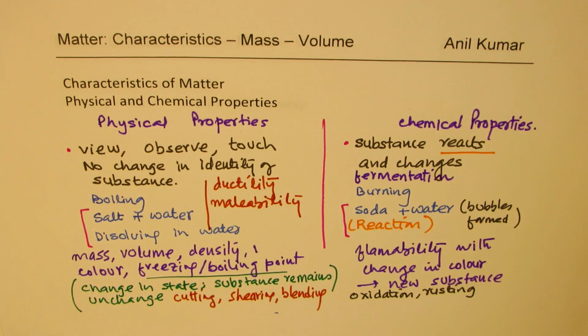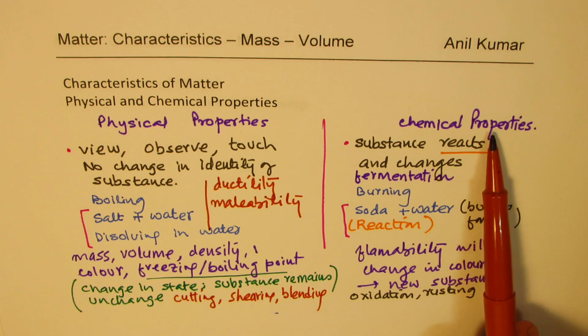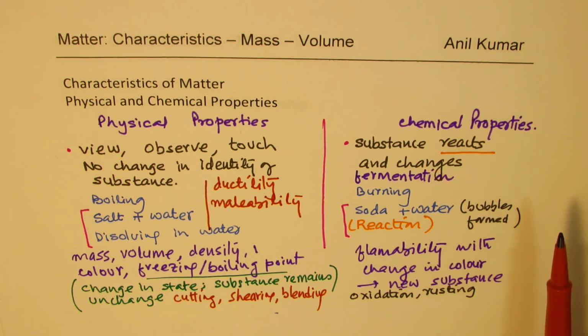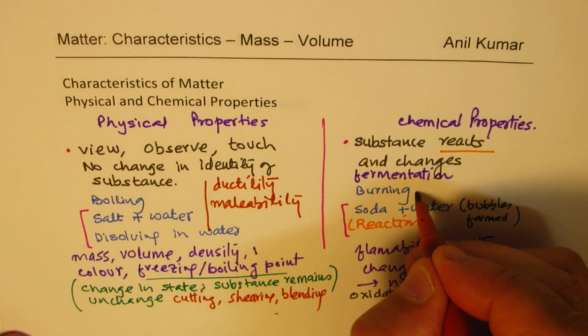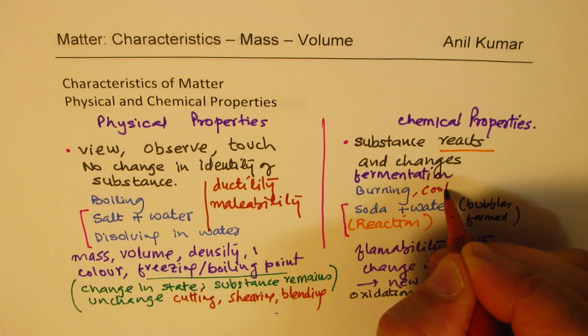Correct? On the other hand, if you take magnesium and burn it, it gives you a good flame. It becomes a chemical property, flammability, right? So that is how we could segregate between physical and chemical properties. So cooking could be here in chemical, right?